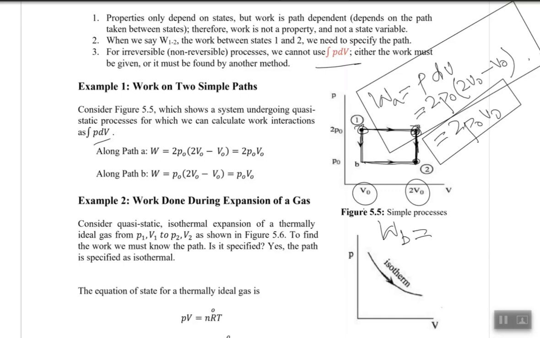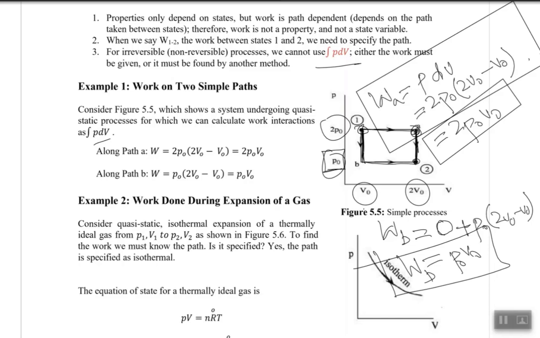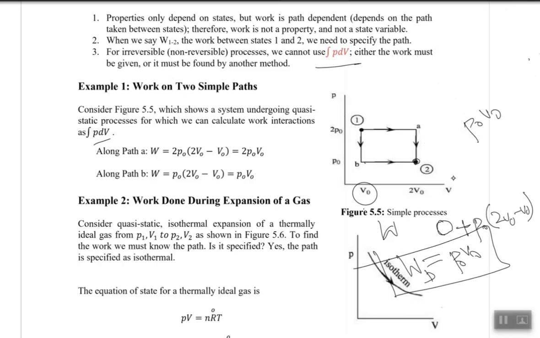In path B, I'm changing the pressure from 2P0 to P0 but keeping the volume constant, so in the first leg I have zero work done. Then I have pressure P0 and I'm changing the volume by 2V0 minus V0, which gives P0 into V0. So work done in path B is equal to P0 V0. That's summarized in this equation.